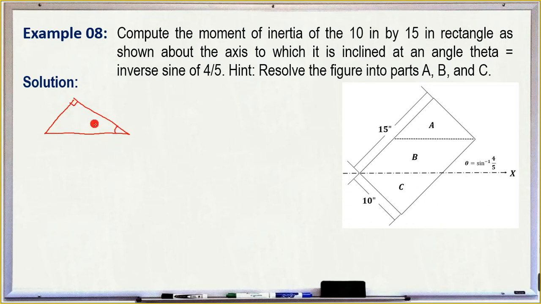So again, this is 90 minus theta. Then this is the base B, and this one measures 10 inches.